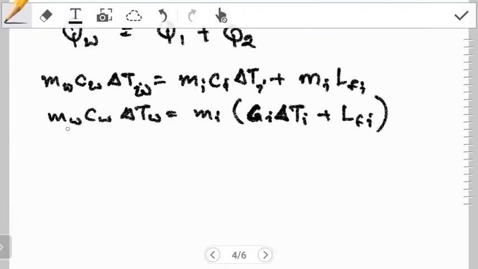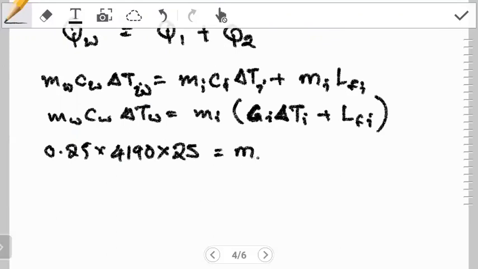So of course here I can substitute. The mass of water is 0.25 kgs. Specific capacity for water, that's 4190. Change in temperature. So again, don't mind whether it's in kelvins or degrees Celsius. The difference is going to be the same. You can try to convert to kelvins and then get the difference to give you 25. So that's 25. This is equal to the mass of ice.